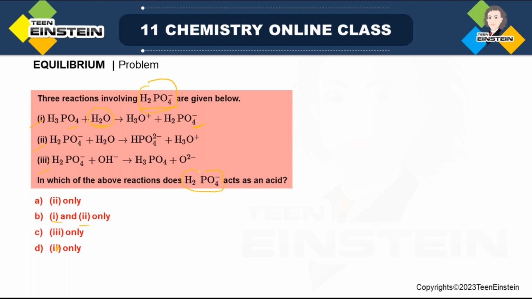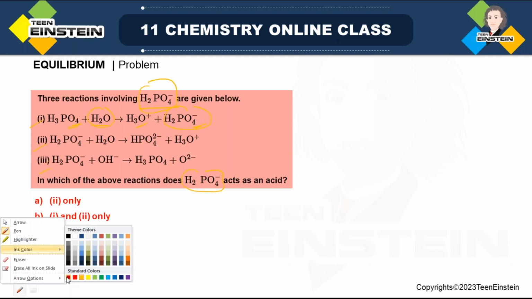So water is accepting proton, that means it is behaving as base, and this is the corresponding conjugate acid. Now H3PO4, as it is giving proton, is behaving as acid, and this is the corresponding conjugate base of this. So here H2PO4 is not behaving as acid, right?